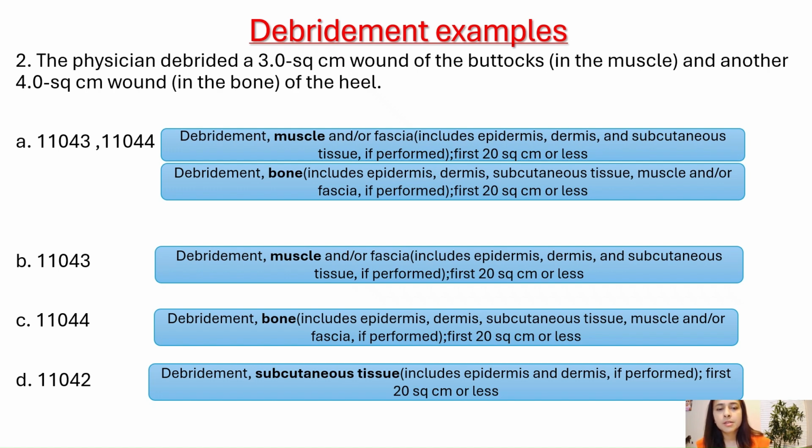Option B has muscle. Option C has bone. Option D has subcutaneous tissue. Our question is talking about the muscle and the bone, which should be option A, debridement muscle first 20 square centimeter or less, and debridement bone, which is for the first 20 square centimeter or less.